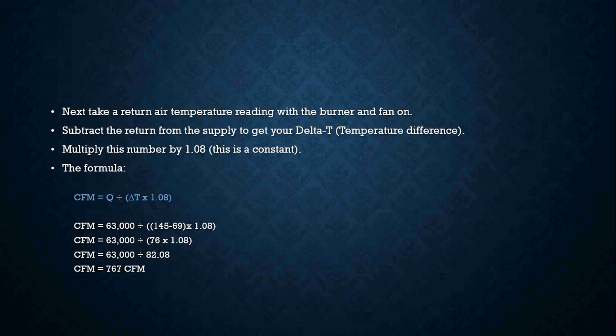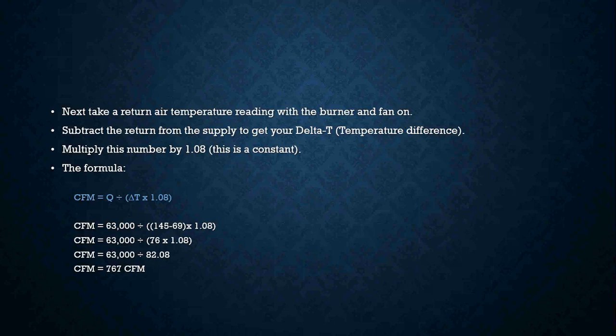You are going to subtract those two readings from each other. Subtract the return air reading from your supply air reading. And that's going to give you your delta T, or your temperature difference. Okay? Then you are going to multiply that number by 1.08.